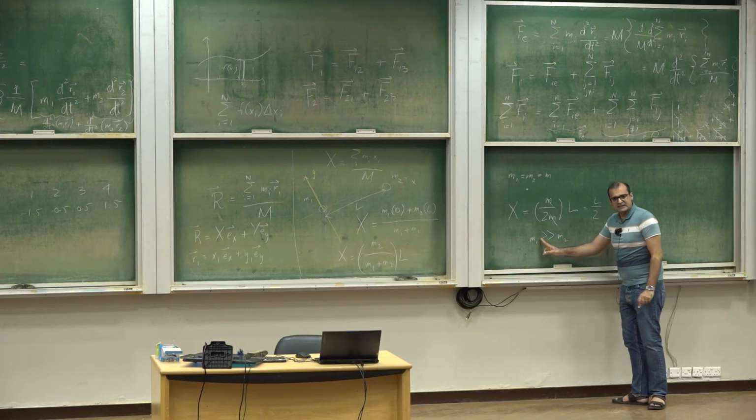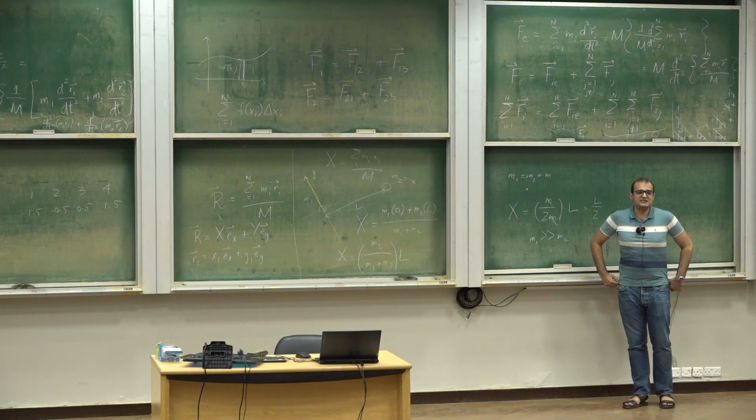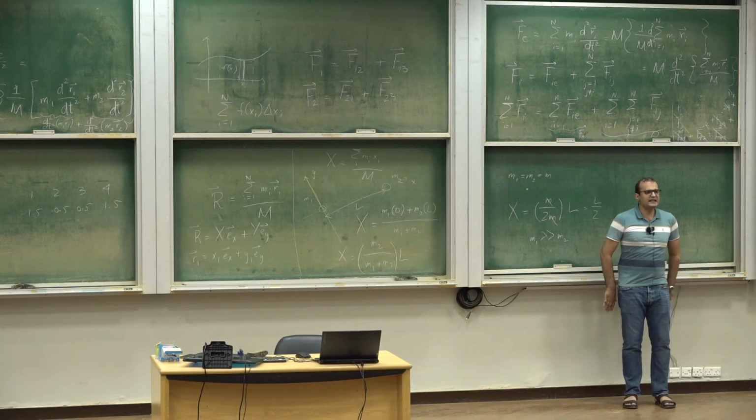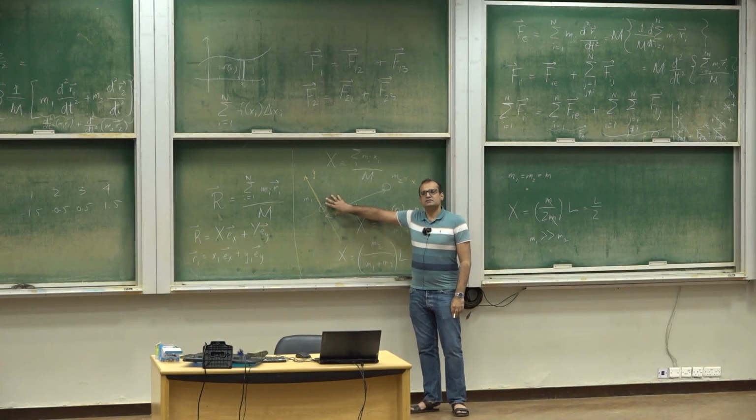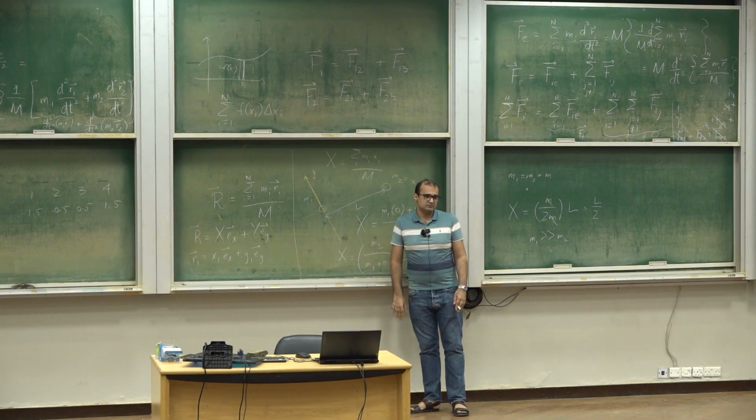If m1 is much bigger than m2, we write that as m1 much bigger than m2. Two greater-than signs mean that it's much bigger. Where do you expect the center of mass to be? It will be right next to m1, because the center of mass will be dominated by m1.